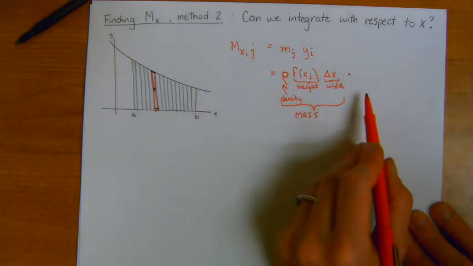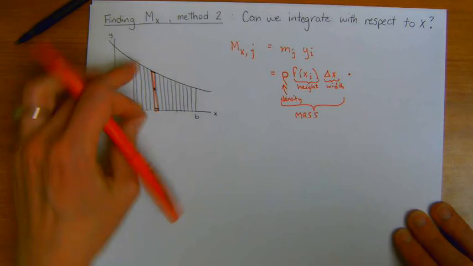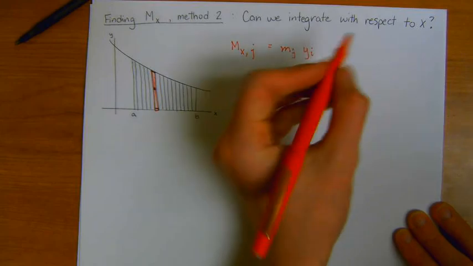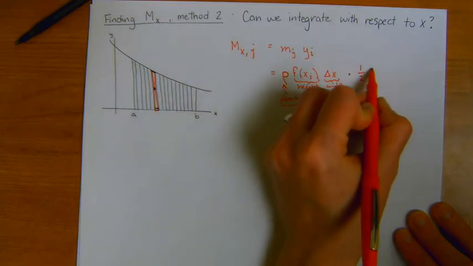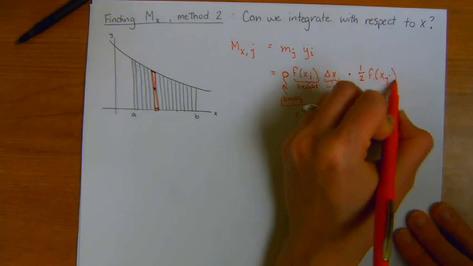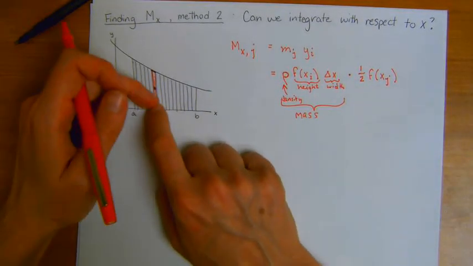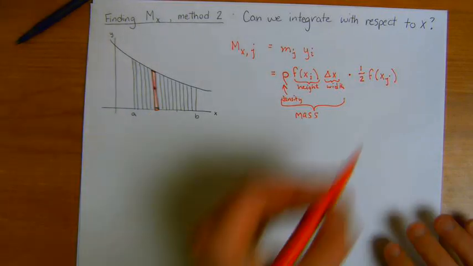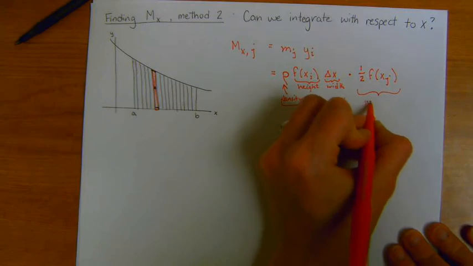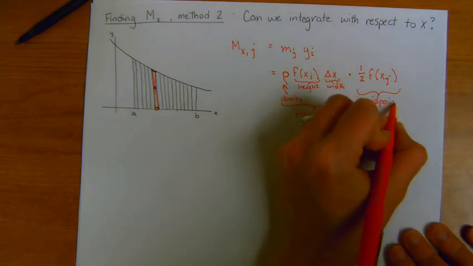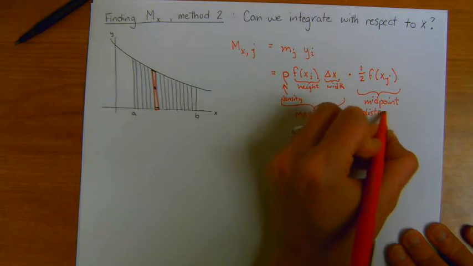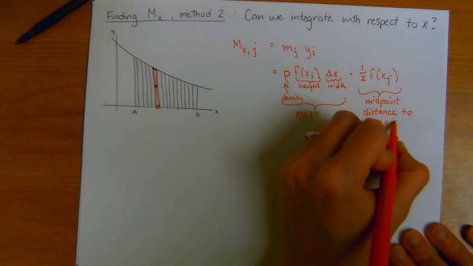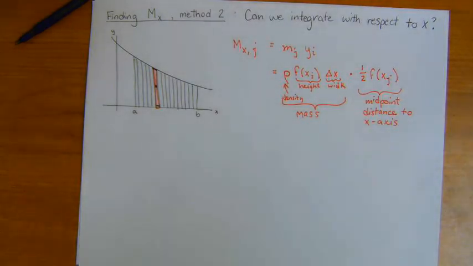And then we're going to times it by the y coordinate, but really what we mean is the distance from the x-axis. And so we're going to look at 1/2 f of x sub j. Why does that make sense? Because 1/2 f is the distance from 0 up to the midpoint of this strip. So this is the midpoint distance to the x-axis.